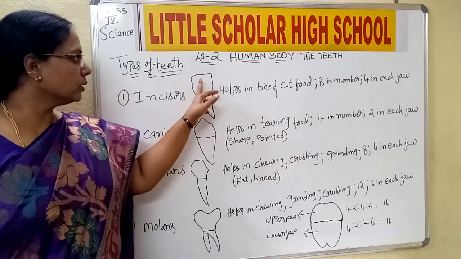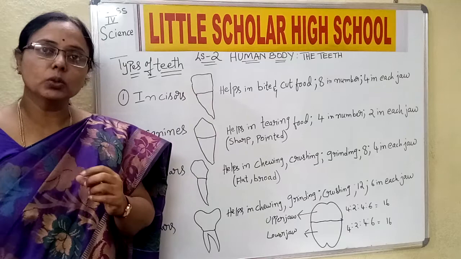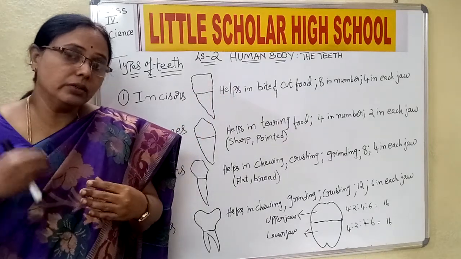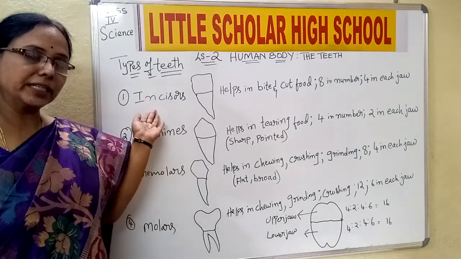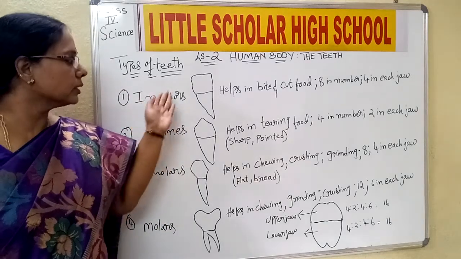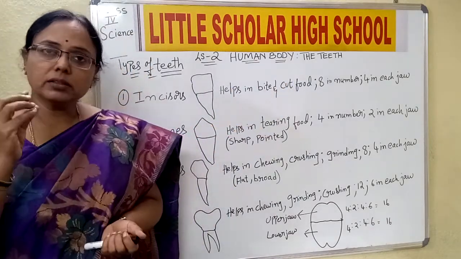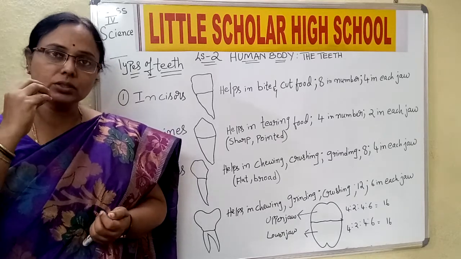If you look at the shape here, this is how an incisor tooth looks, and what is the role played by this particular set of teeth? They help to bite and cut the food. Whenever we take some food, we first need to cut or bite it, yes or no children?